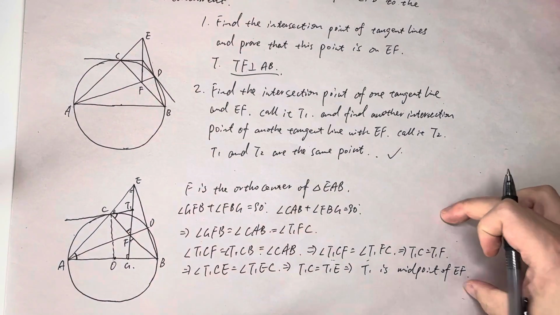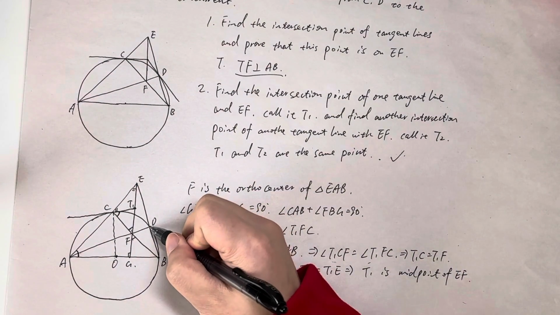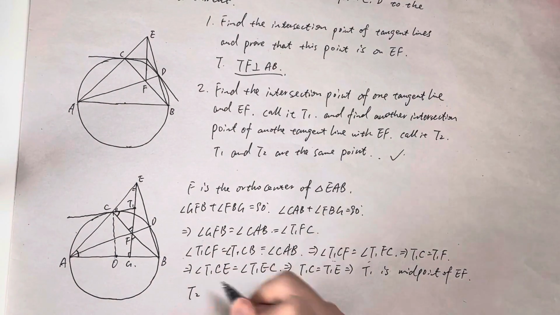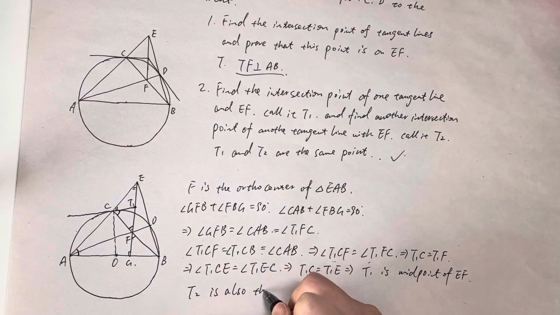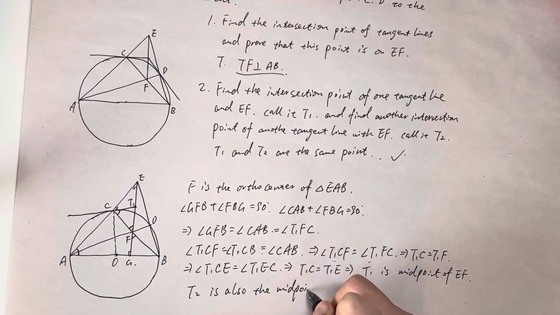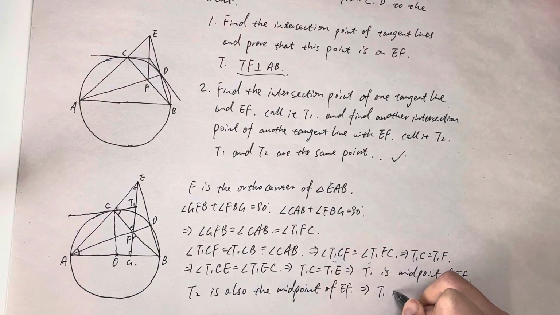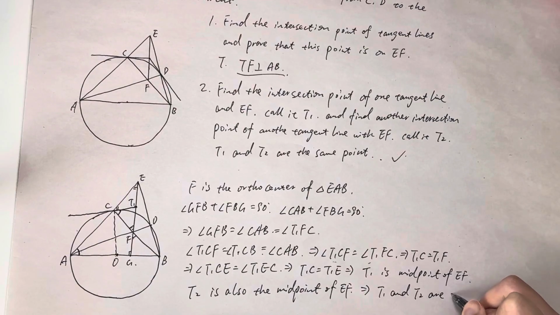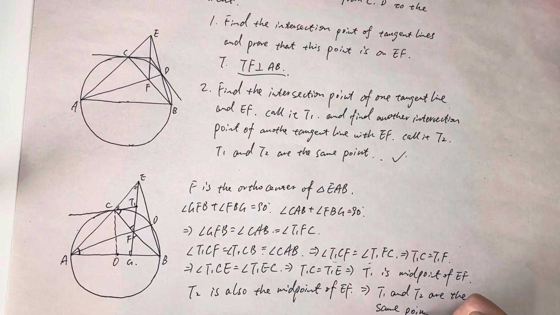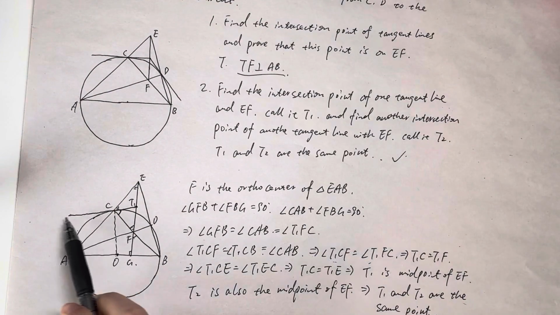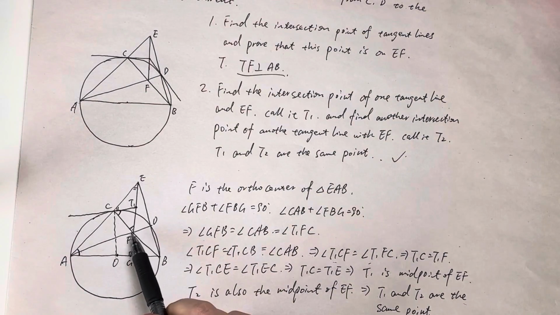And if you look at all the derivation here, it can be easily applied to the point D. So for the point D, T2 is also the midpoint of EF, which means T1 and T2 are the same point, right? So the tangent line passing through C, the tangent line passing through D, and EF are concurrent.